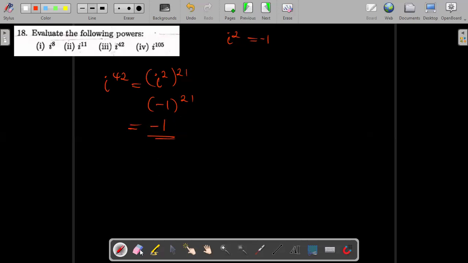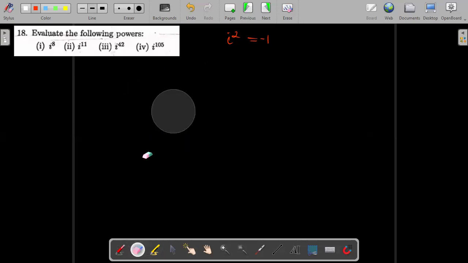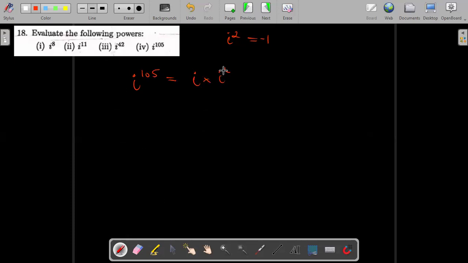Then the last one just says i raised to 105. You can separate this as i multiplied by i to the power 104. Then 104 divided by 2 gives 52.